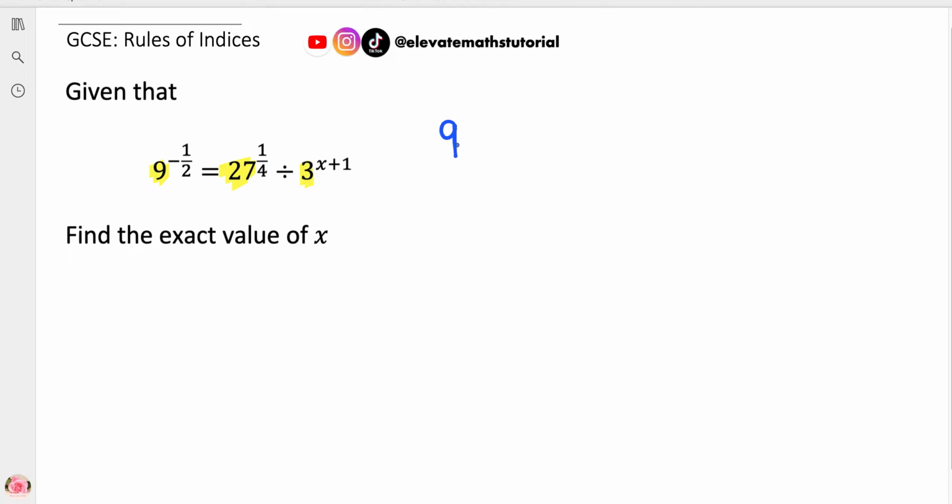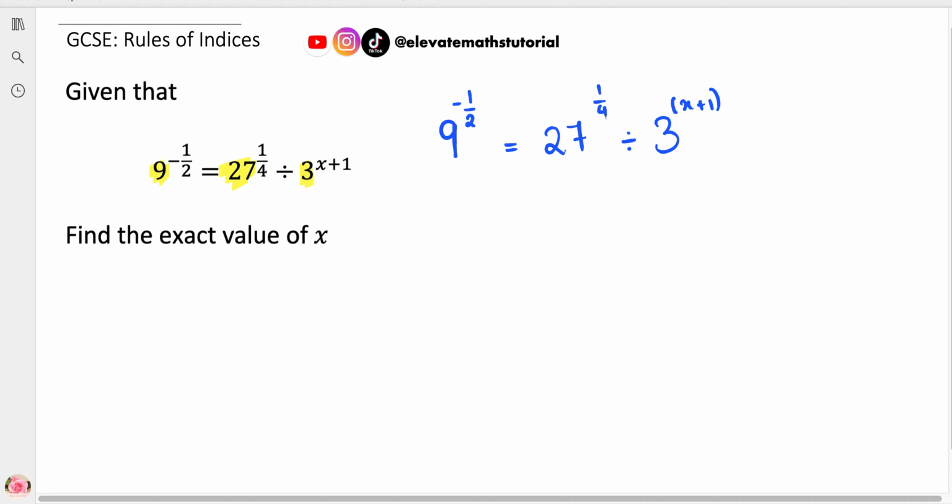So the question states 9 to the power of minus a half is equal to 27 to the power of a quarter, divided by 3 to the power of, and I'm going to put that x plus 1 in brackets. So let's rewrite that, linking the base 3 for all of them. 9 can be written as 3 squared, so we write that as 3 squared, and then to the power of a half.